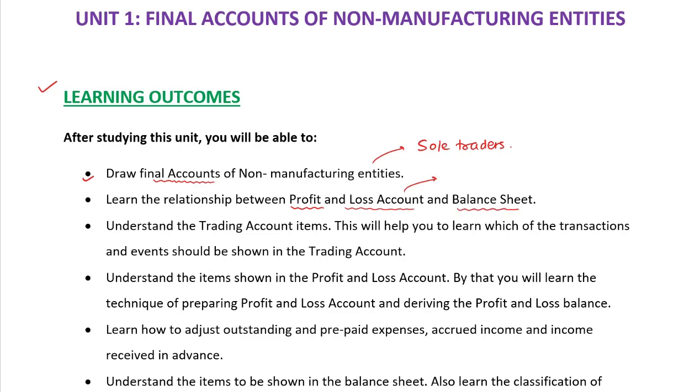The profit and loss account is also known as income statement, and balance sheet is also known as statement of financial position, and it is also known as position statement.